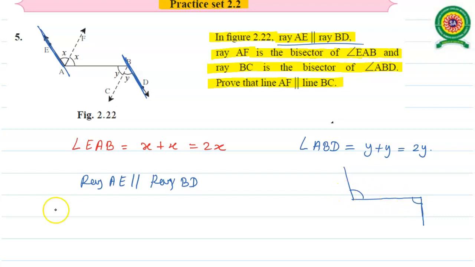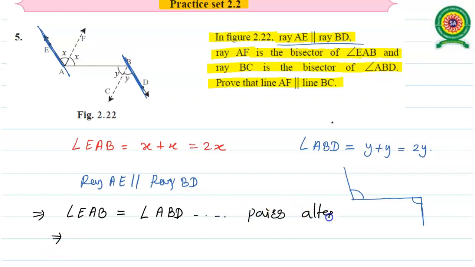So I am writing that this implies angle EAB equals angle ABD. The reason behind it: once lines are parallel, pairs of alternate interior angles are equal in measure.